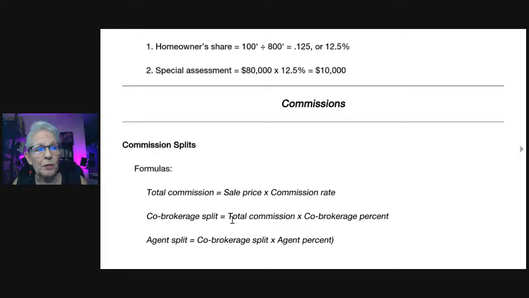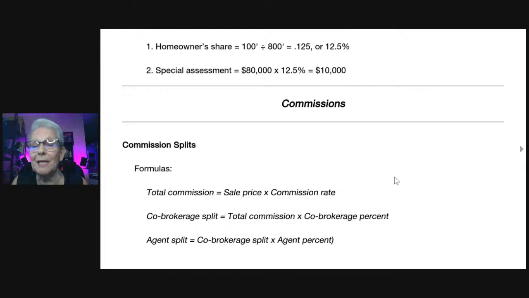So the brokerage here, total commission times the brokerage. So let's say, as I mentioned, the commission is split by selling broker and buying broker. So 3% of the total, which was 60,000, would be 30,000, right? Half of 60,000, 3% for one side, 3% for the other side.